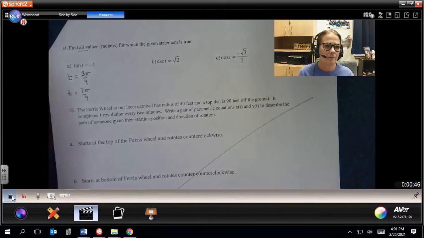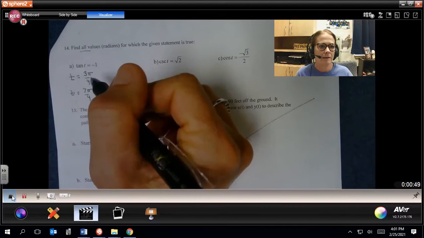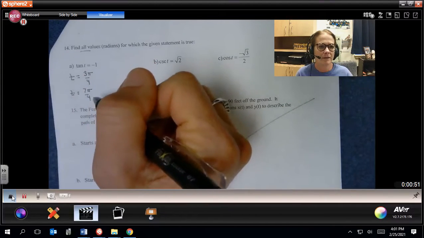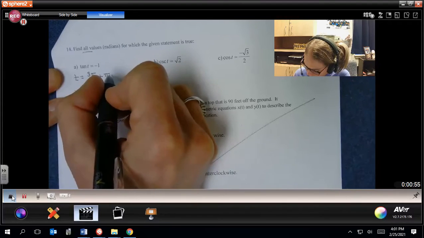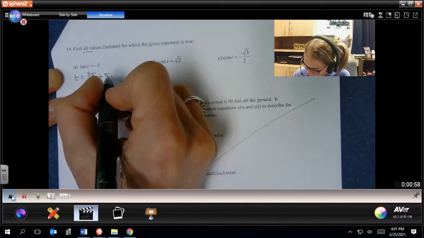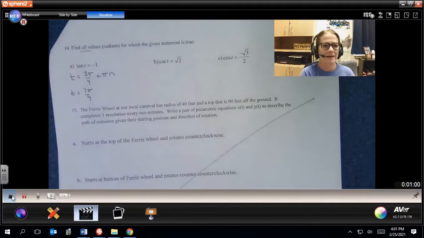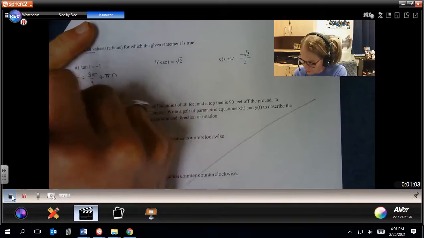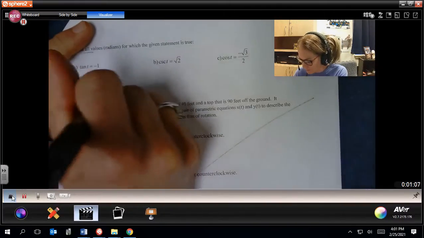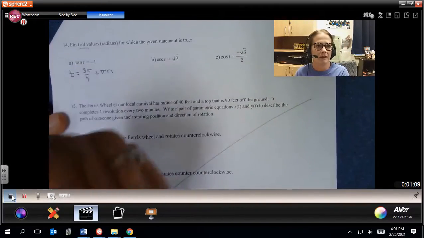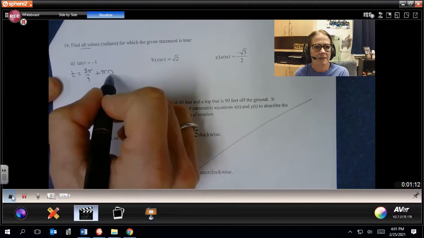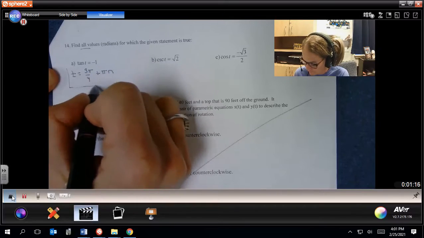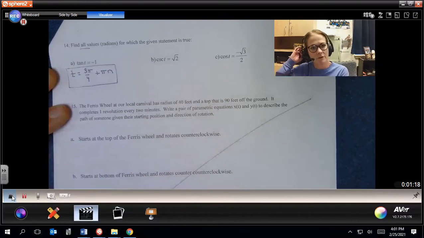But with tangent, having an every other quarter type of relationship, if I cycle 3 pi over 4 by pi one time, that's going to be 4 pi over 4, which is going to be 7 pi over 4. So with tangent, you can just do the first value, in this case our quad 2, and cycle it by the period. Tangent is special in that way because it has that every other quadrant relationship.